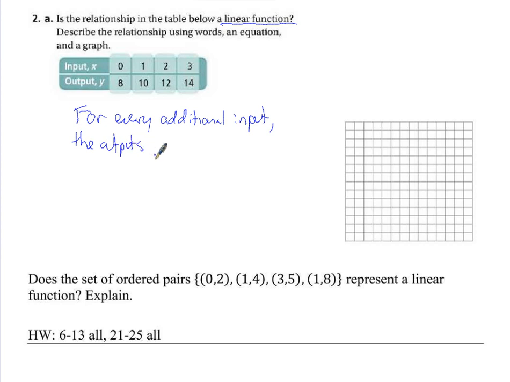Goes up by 2, adds 2, increase by 2. There's your words, okay? I made it a little bit more fancy than adds 2, but adds 2 is fine, as long as you get the words on there that make sense. So, describe using words, we did.